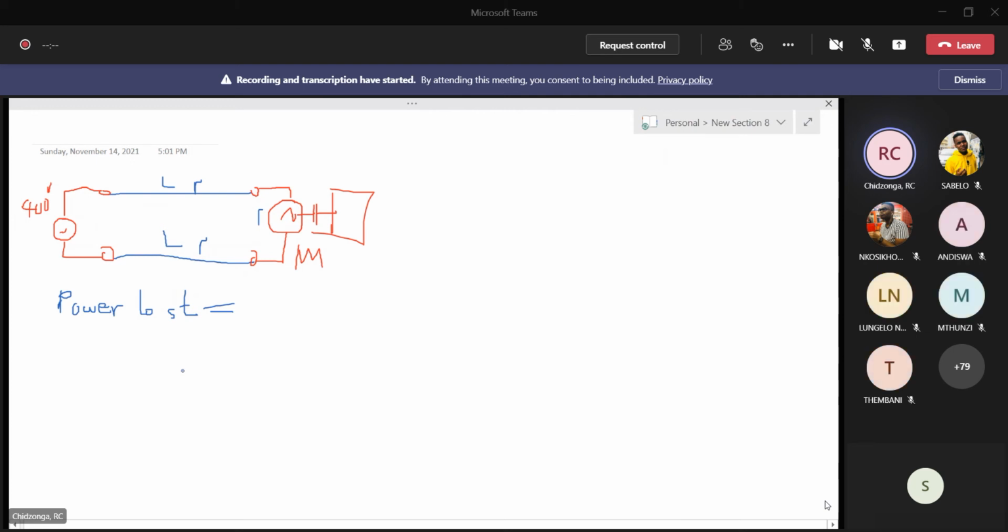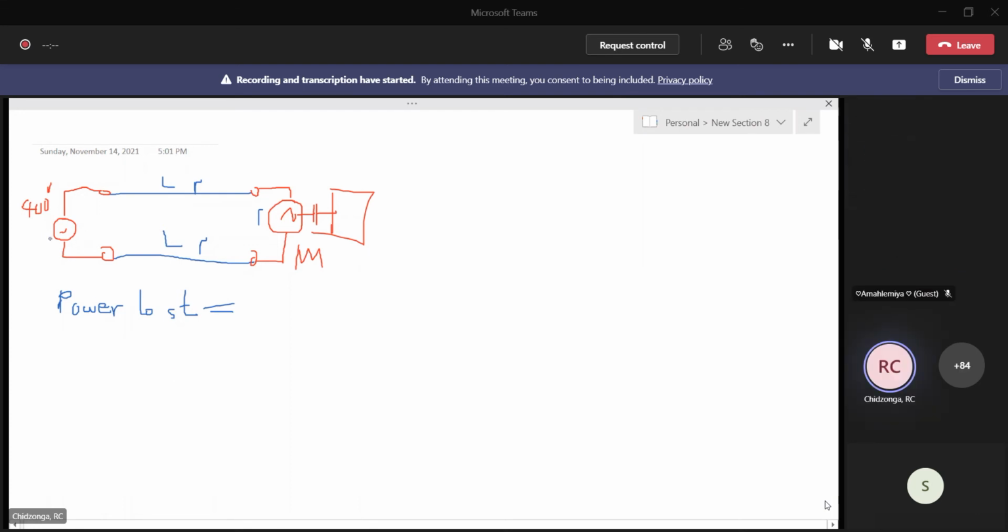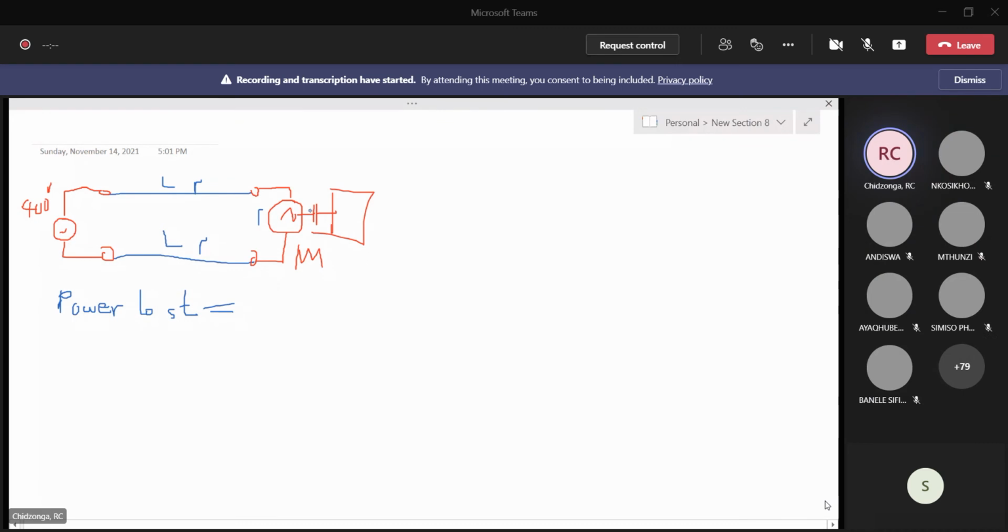The power is going to be lost in various ways. When you send power from the source to the motor, you are not sending it in order to generate heat because of the resistance of the conductors and the motor. But it is inevitable that heat, which is given by I squared R, where R is the total resistance, is going to happen.